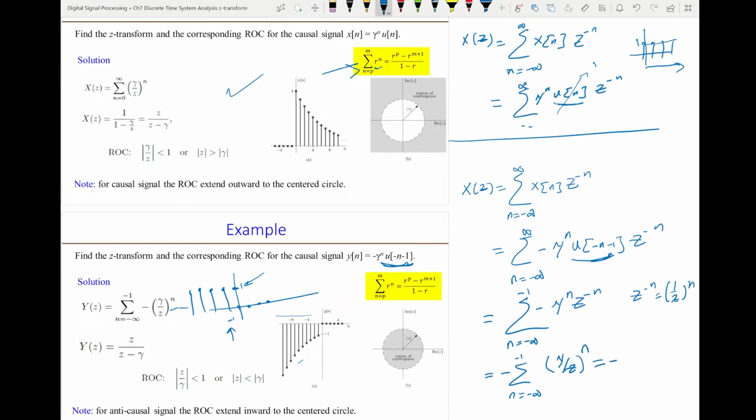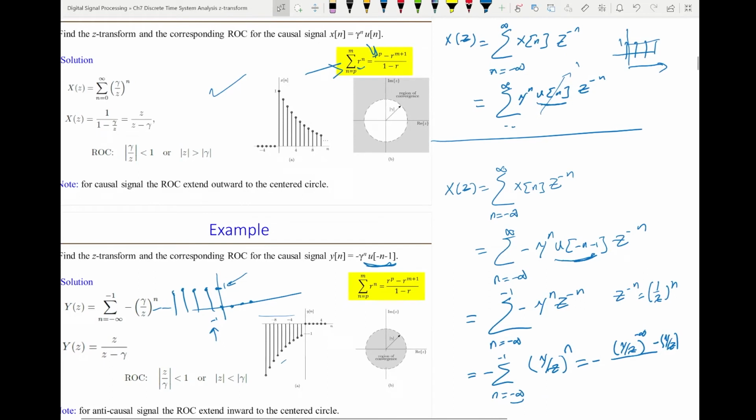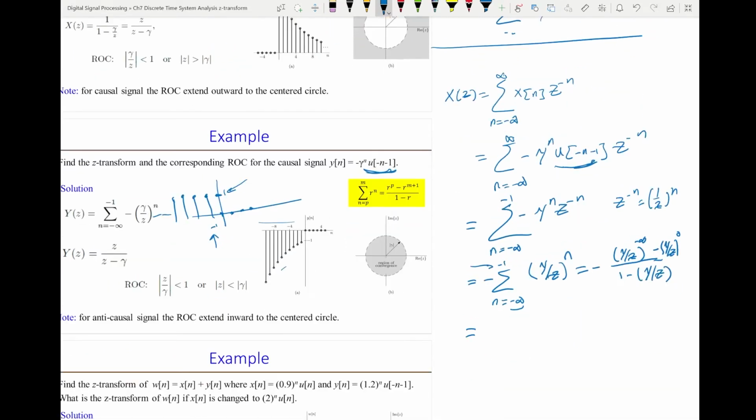The minus will be here. r in this case is gamma over z. p in this case is minus infinity minus r, which is gamma over z to the power of m plus 1. m here is minus 1, so minus 1 plus 1, that's 0. Over 1 minus r.